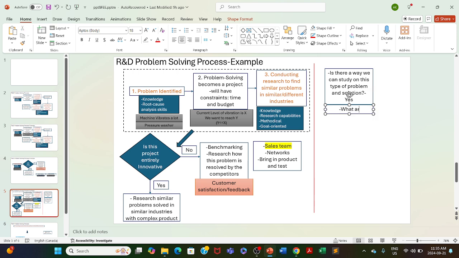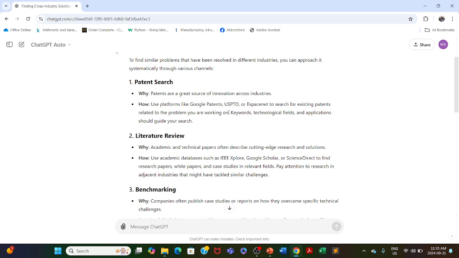Next question is, what are those resources? First would be patents. Patents are a great source of innovation across different industries.